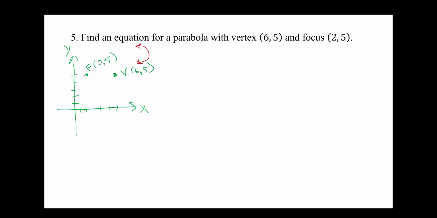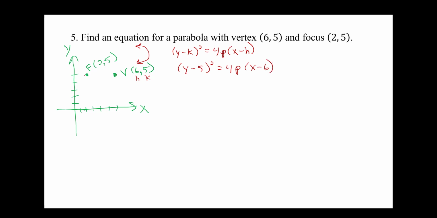If my parabola goes to the left, then I'm going to use the formula (y minus k) squared equals 4p times (x minus h). My vertex gives me h and k, so I have (y minus 5) squared equals 4p times (x minus 6).